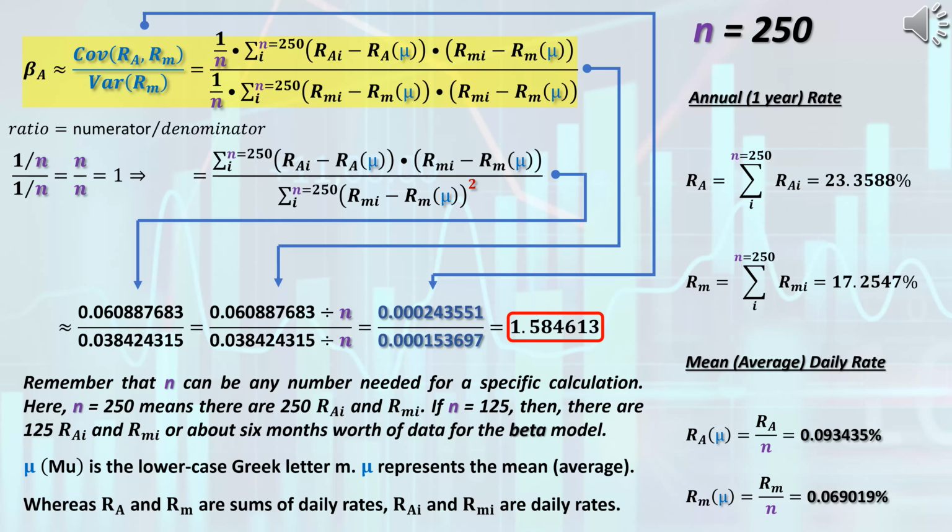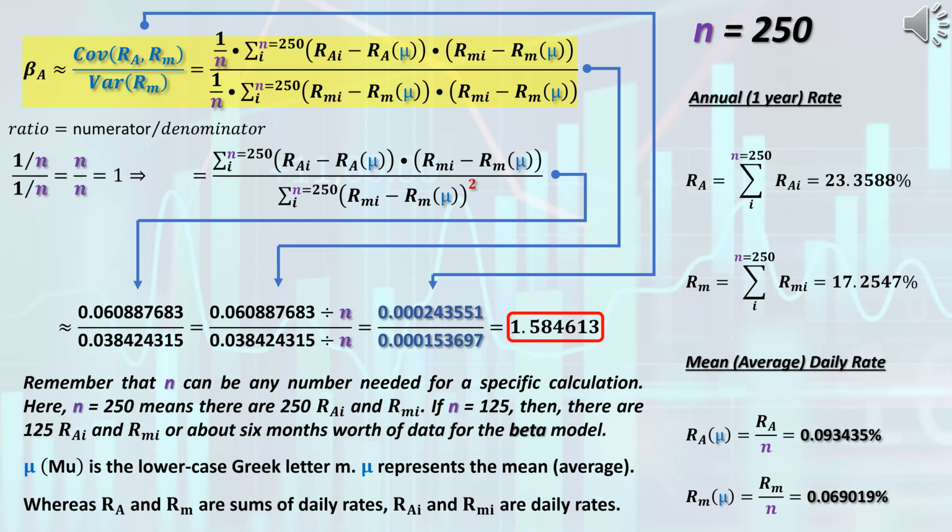Looking at the top line to the left with respect to beta, the full statistical beta model appears. Notice the approximately equal to sign, the squiggly lines, instead of a simple equal sign. This is because the covariance/variance beta model is a strong statistical estimate of how the asset is performing compared to the market.